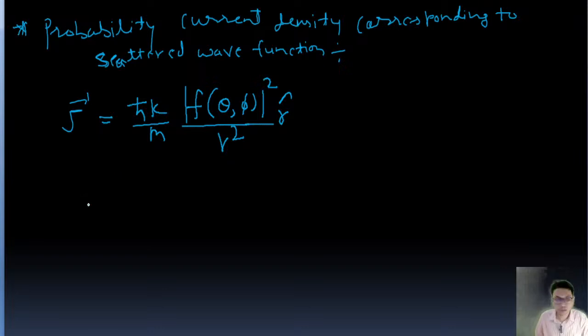This is the probability current density.